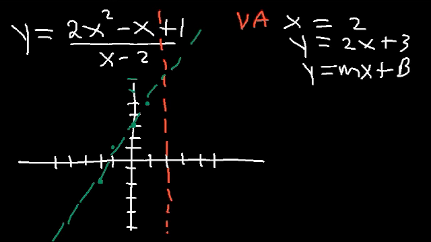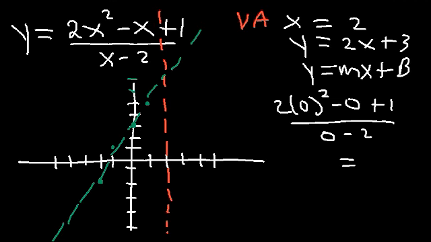So let's plug in 0 for x because that's going to be the easiest. If we plug in 0, it's going to be 2 times 0 squared minus 0 plus 1 over 0 minus 2, which is 1 over negative 2. So we have the point (0, negative 0.5), which is somewhere in this area.